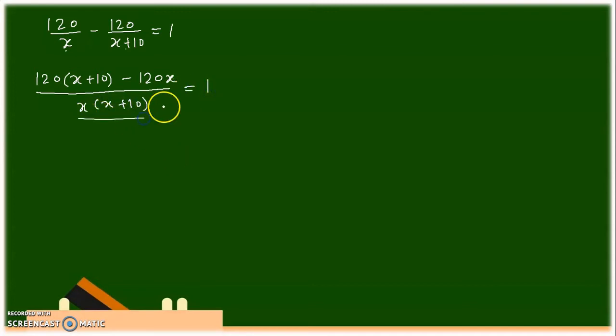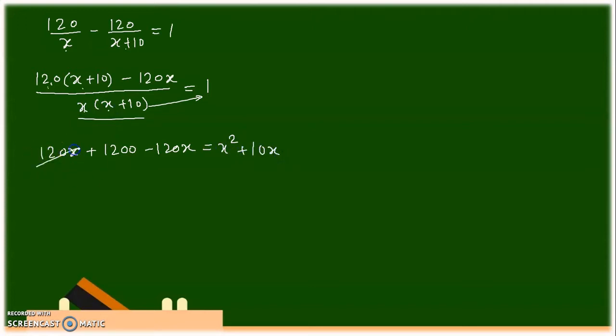Now multiply this x multiplied by x plus 10 with 1. So here if you multiply this into the bracket, it is 120x plus 120 multiplied by 10 minus 120x is equal to x multiplied by x, that is x square, plus 10x.